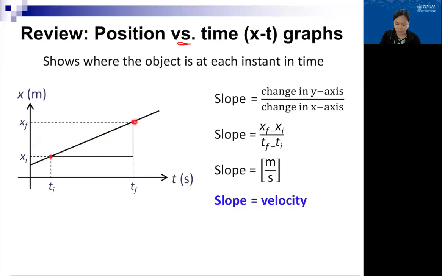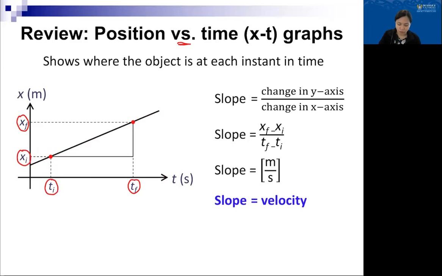Say this point here, which gives us the final time, and this point corresponds to the final position xf at that time tf. And we can take another point along that line, say, for example, this point here at an earlier time, and we designate that as the initial time ti. At that initial time ti, the object is at this initial position xi.